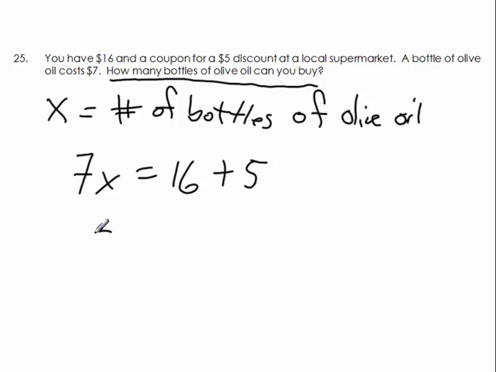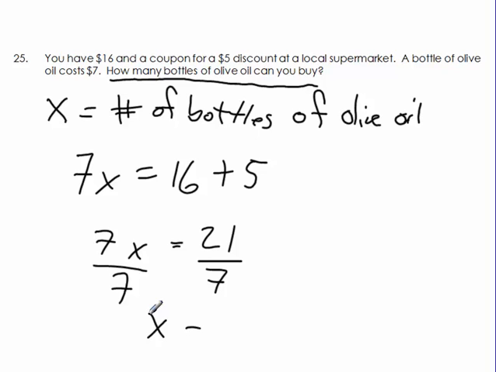So here I see that 7x equals 21. Dividing by 7, I get x equals 3. I can buy 3 bottles of olive oil.